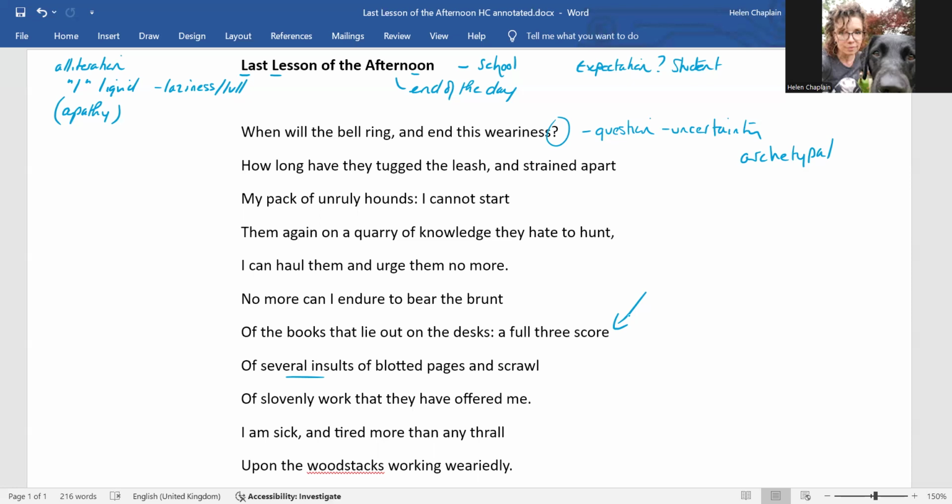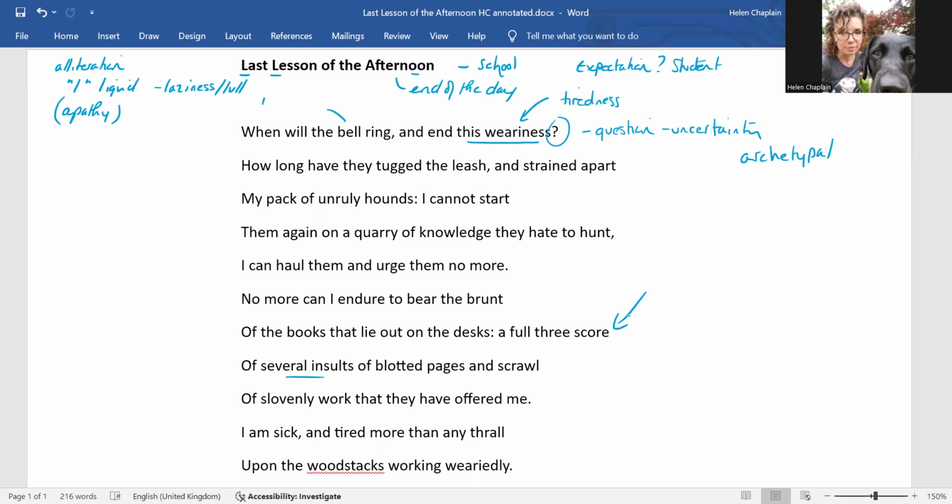We get the idea of end this weariness. So he's not using this lesson, this afternoon, this education. He has labeled all of his job, his purpose, as this weariness. It is all tiredness and fatigue, right? And when will the bell ring?